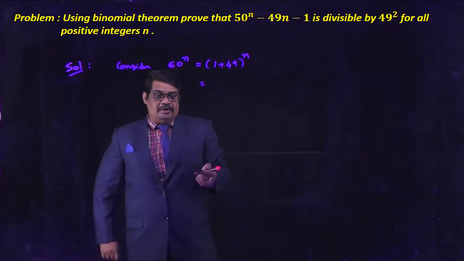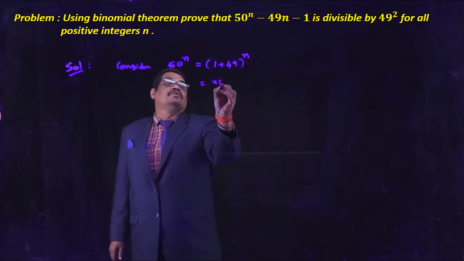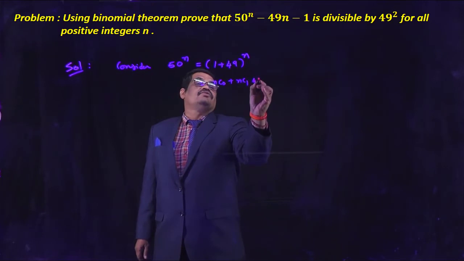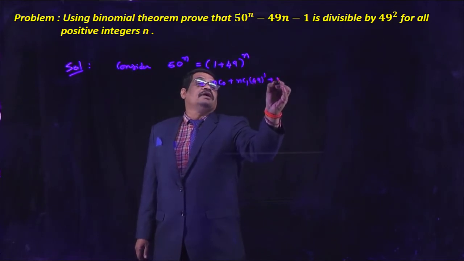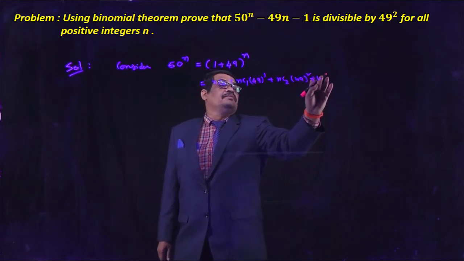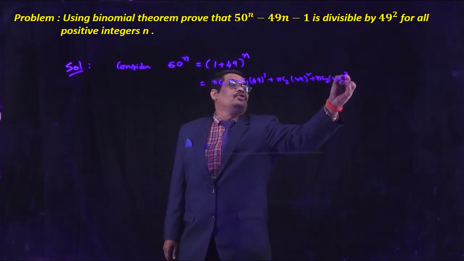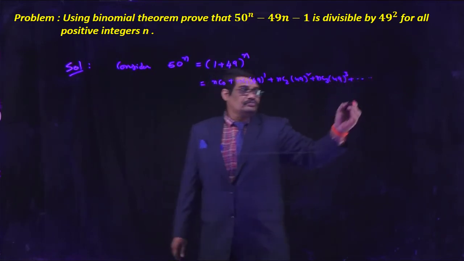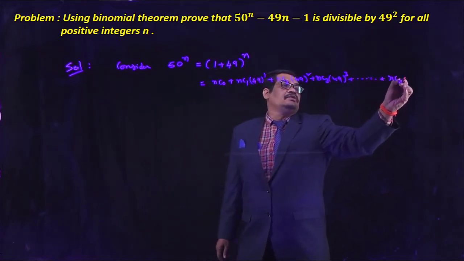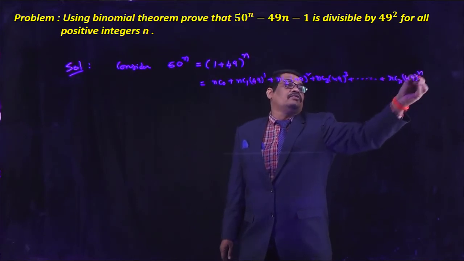So we are writing the binomial expansion: nC0 plus nC1 49 to the power of 1, plus nC2 49 square, nC3 49 cube and so on, plus nCn 49 to the power of n.